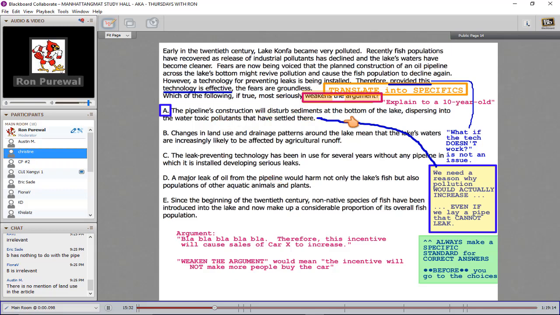Choice A is actually a reason why laying down a giant pipe across the bottom of the lake will increase pollution. That is what the argument is actually about. Choice B is not. It's got nothing to do with the pipe. So in other words, if choice B is happening, it's happening either way, irrelevant of whether you lay the pipe down. So smiley face if that makes sense.